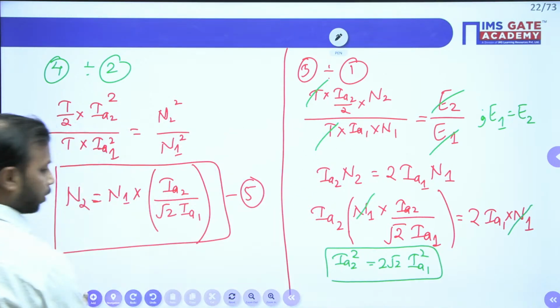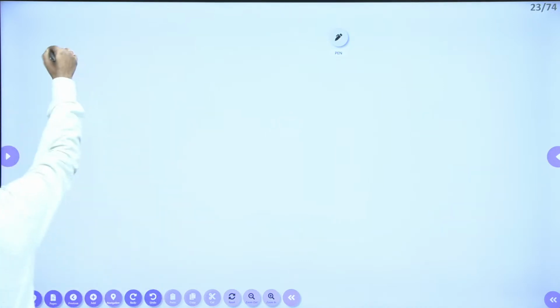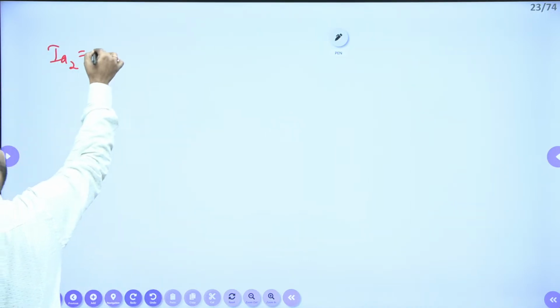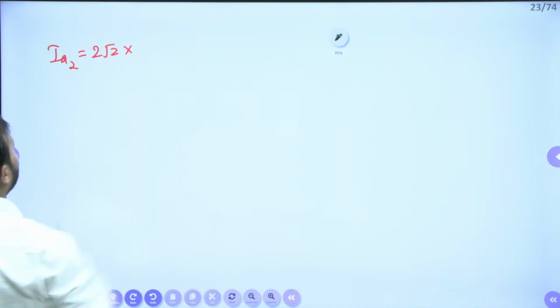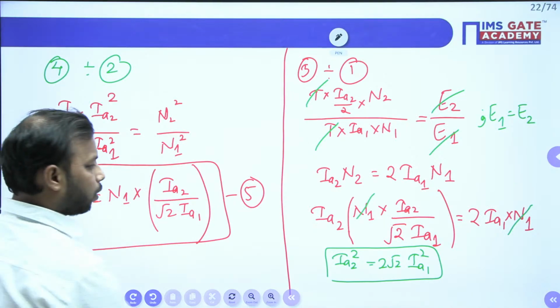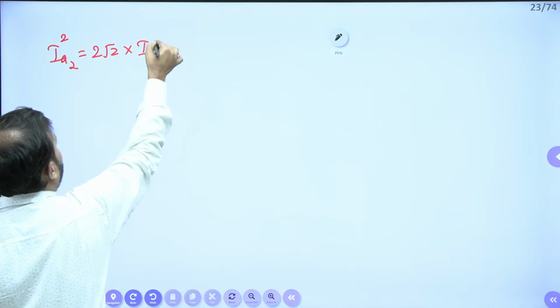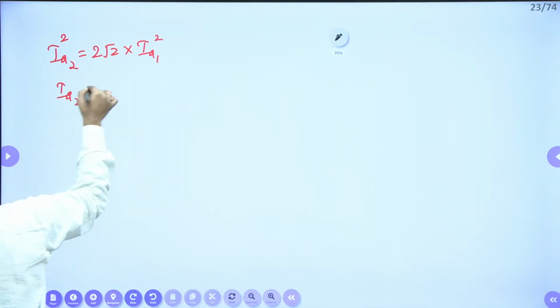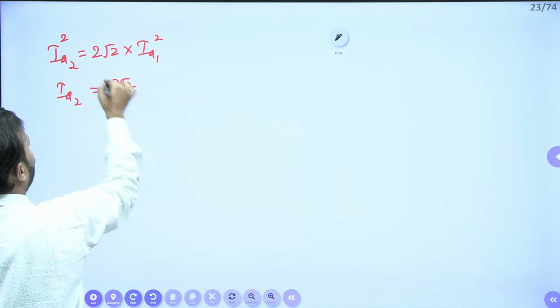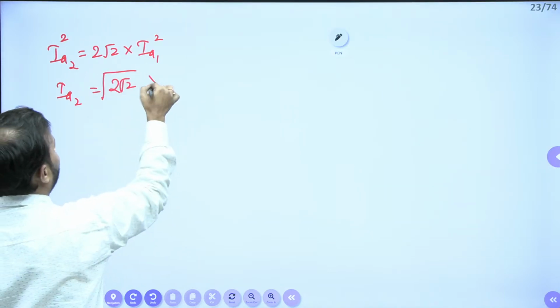So Ia2 will be equal to the root of 2 root 2, into Ia1.